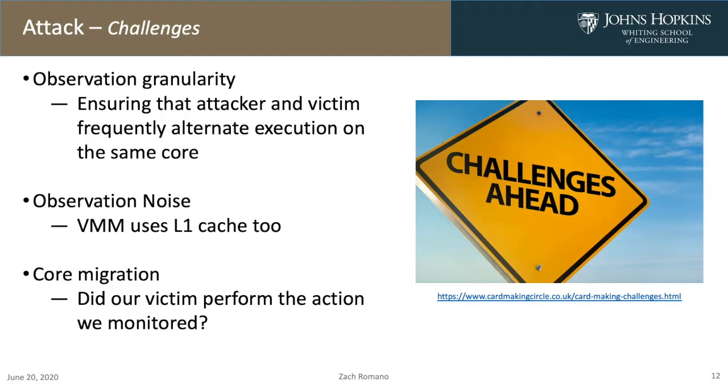And finally, there's core migration, where you have to determine if the actions that you're monitoring are associated with the victim or just some innocent bystander VM that you happen to be analyzing results on as well. Another issue here is that you can only spy on the attacker when they're assigned to the same physical CPU. So maybe the scheduler is scheduling your code on one core and the victim's code on another core. You're not going to be able to measure any of their execution if that happens.